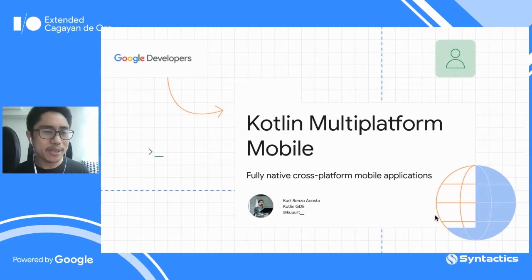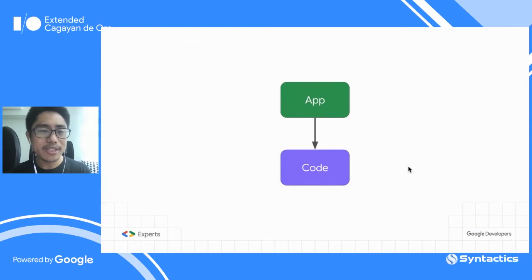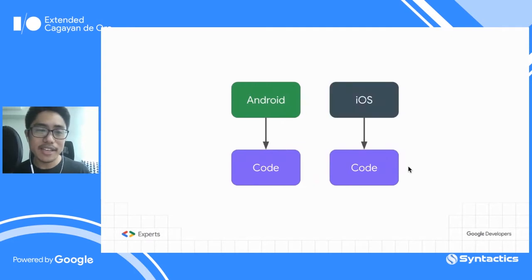So why do I want to talk about this? As engineers, we always want to create apps, right? And when we make apps, that's always code. In the context of mobile, let's say we want to make an Android app, that's code. What if we want to expand to another platform, let's say iOS? Then that means more code.